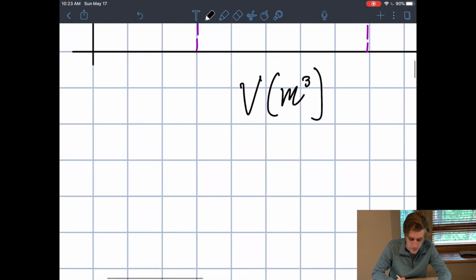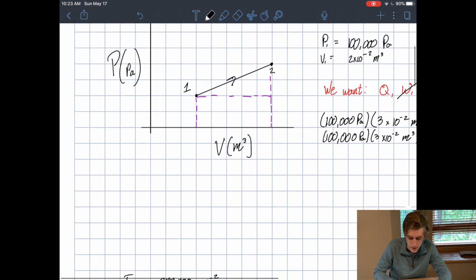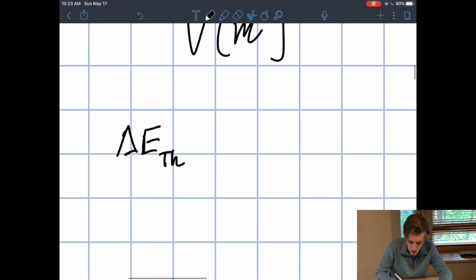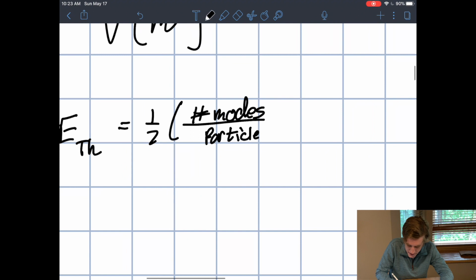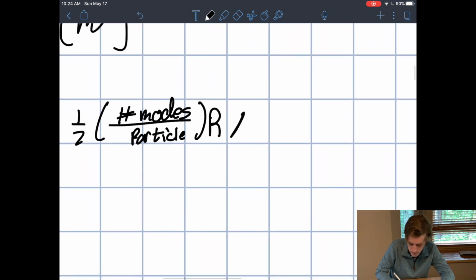First off, we have to remember what thermal energy was in terms of properties that we might be able to calculate in this problem. We found in a previous video that the change in thermal energy for 1 mole of a gas was just equal to 1/2 times the number of modes per particle times R, the ideal gas constant, times the change in temperature.